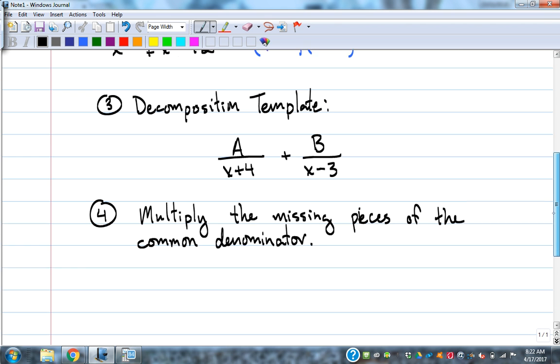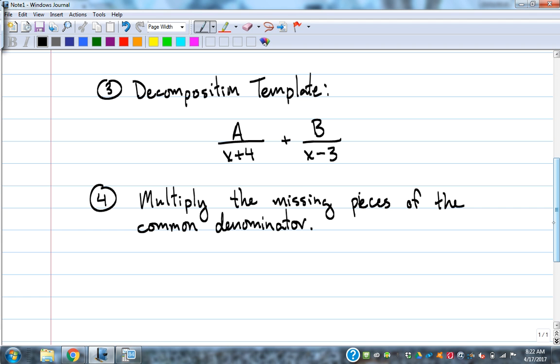Okay, so what we're going to do is work backwards to try to end up with a fraction that has x plus 4 and x minus 3 as the common denominator, which if you're going to add these two, that's what the common denominator would be, x plus 4 times x minus 3. Okay, so this fraction doesn't have the x minus 3, so the a gets multiplied by the x minus 3. The b gets multiplied by the x plus 4. If there were more fractions, we'd have more to do. We'll see that as we get to more complex examples.